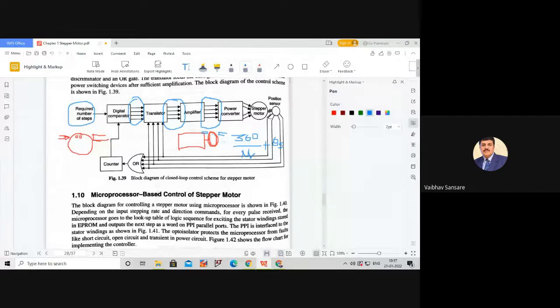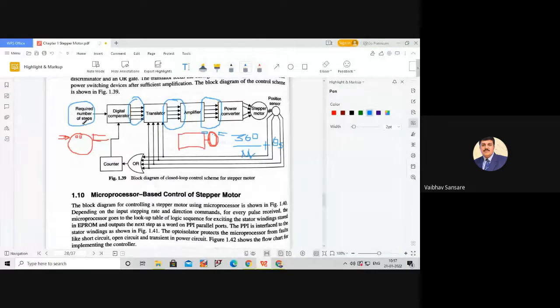After completion of that step only, the next initiating pulse is given to the excitation circuitry. In this way the closed loop control scheme of a stepper motor operates. It requires inputs for the logic controller from two different sides: one input is the required number of steps, and the second input is the actual position of the rotor. According to the required number of steps and the total number of steps completed by the rotor, one initiating pulse or one input to the translator is provided.